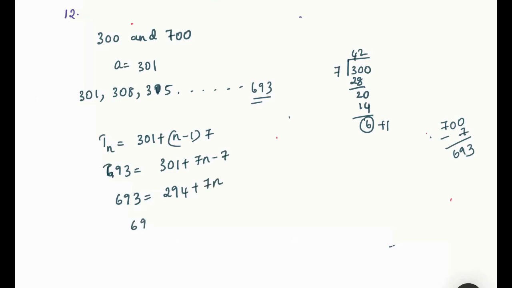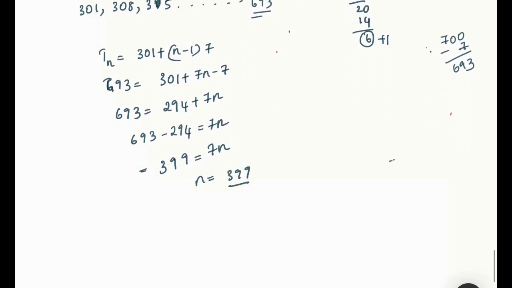So 693 minus 294 equals 7n. So what's the answer here? 399 equals 7n.